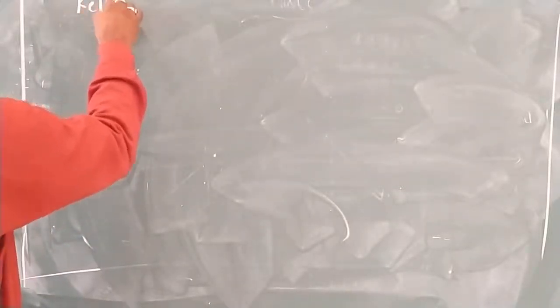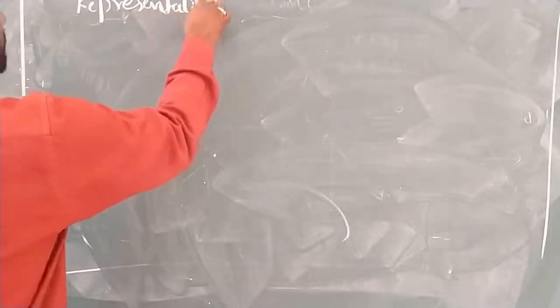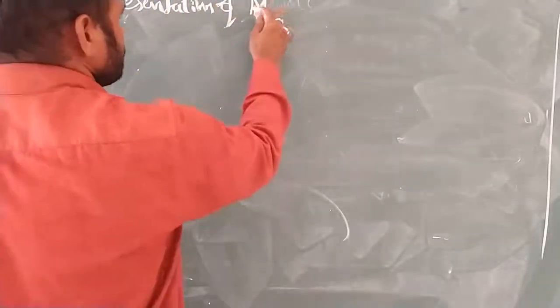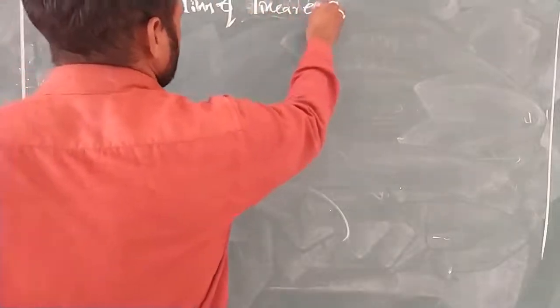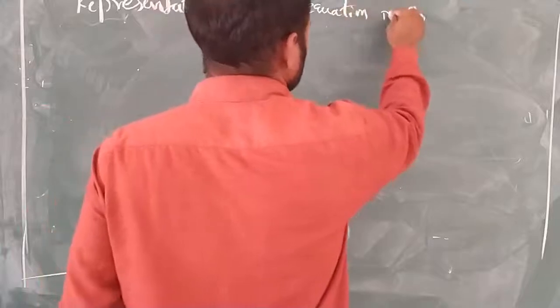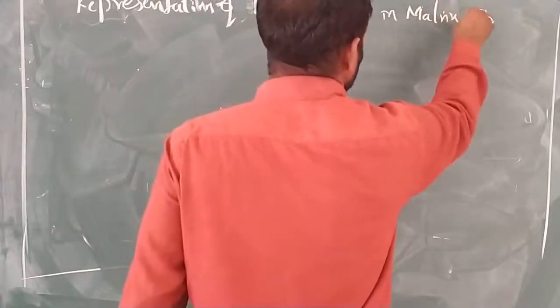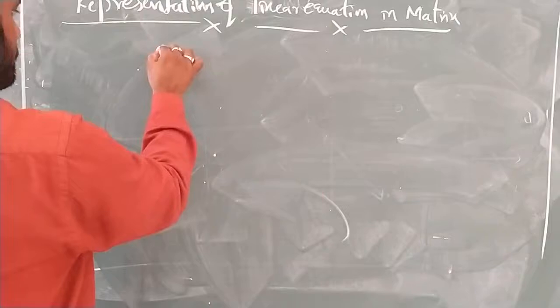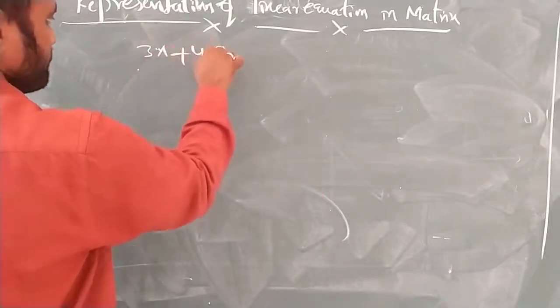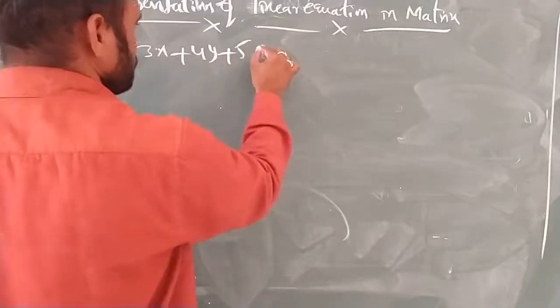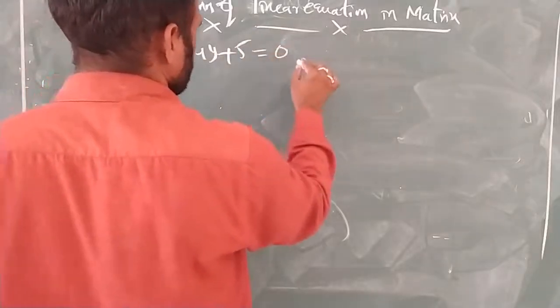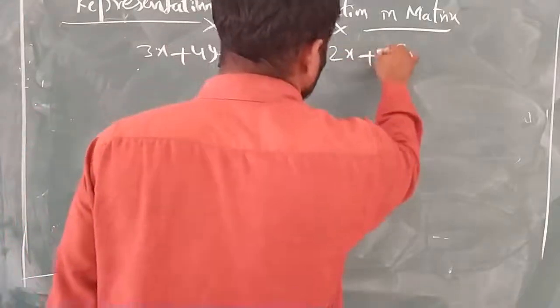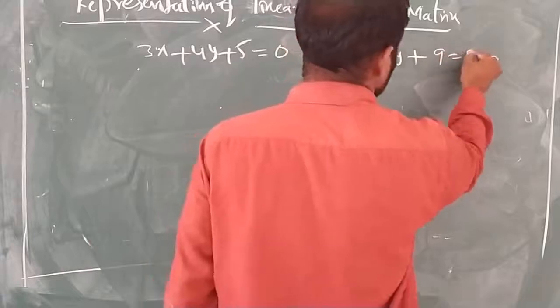How will we represent linear equations in matrix form?